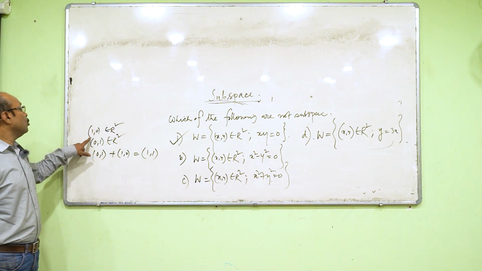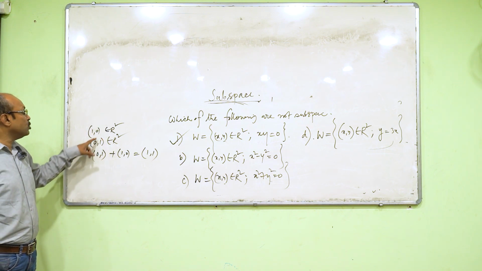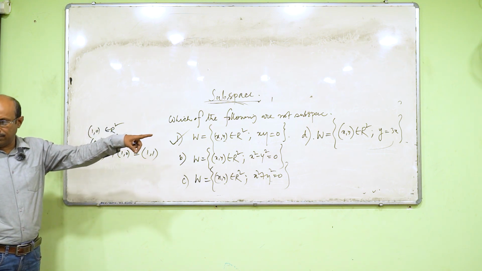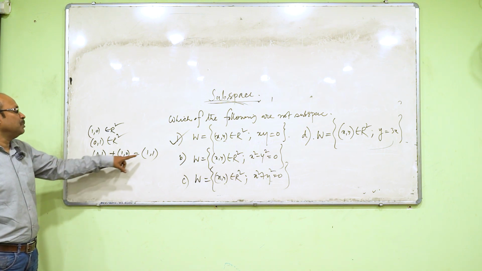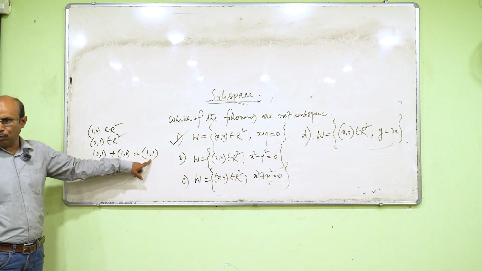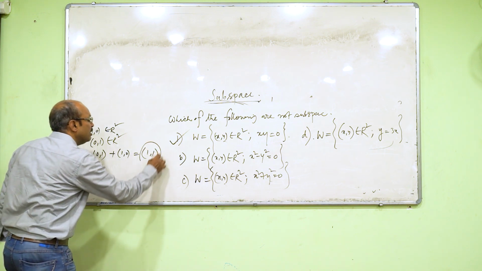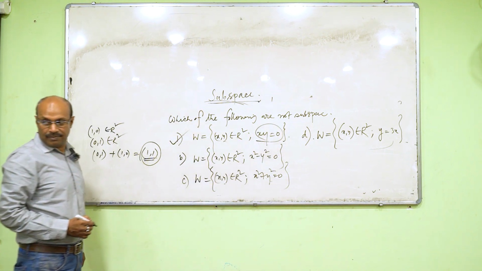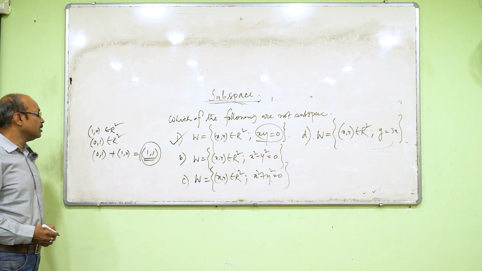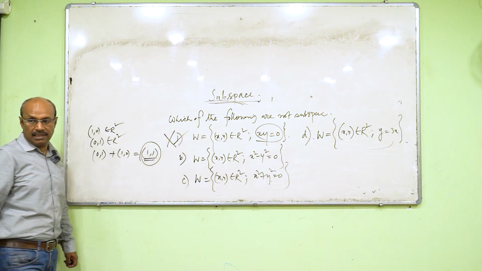Both elements satisfy the condition xy equals 0, but the sum, (1, 1), has product 1, so this ordered pair cannot satisfy the equation. That is why this is not a subspace.